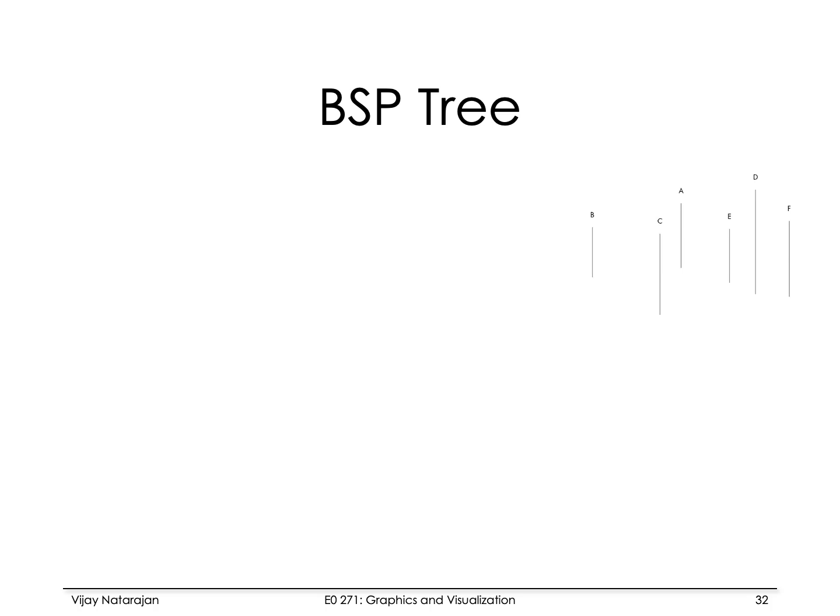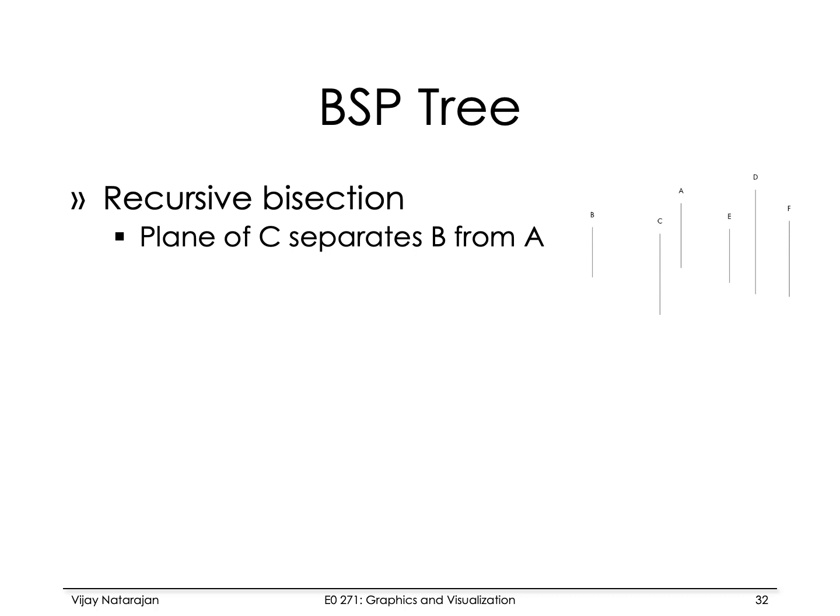So what the BSP tree does is to bisect your domain using these planes. For example, the plane of A separates BC from the rest. The plane of C now separates recursively the polygon B and the polygon A. On the other side, the plane of D separates E and F, right?